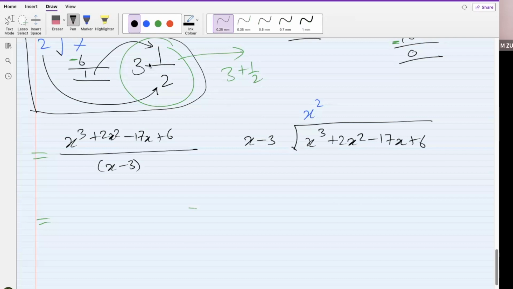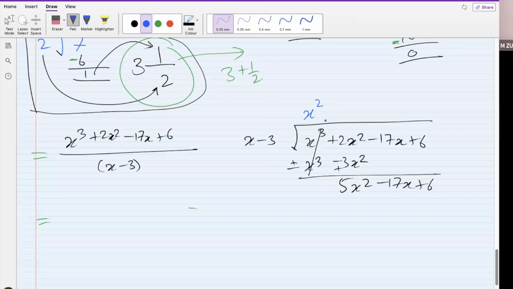X into x square is x cube. 3 into 2 is 3x square. Positive, negative, negative, positive. This cancels out. This is 5x square minus 17x plus 6.